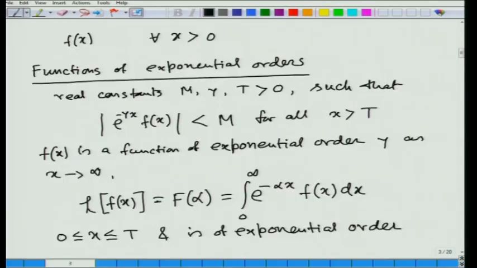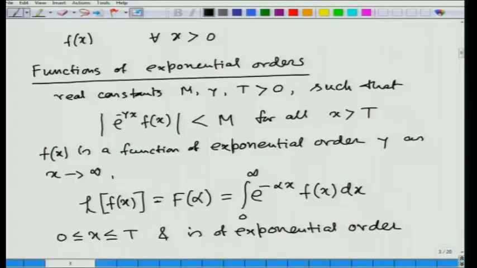Once we use this Laplace transform to convert f(x) to F(alpha), we are relating this function of x to a real variable function with parameter alpha. Then of course, using the inverse Laplace transform we can get back the function f(x) from which we obtained F(alpha).